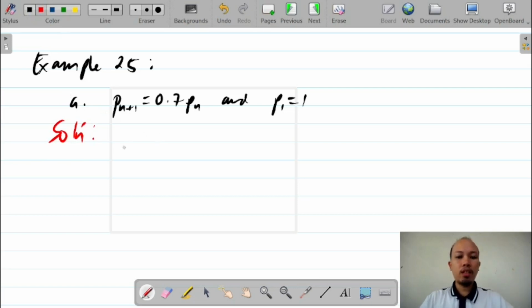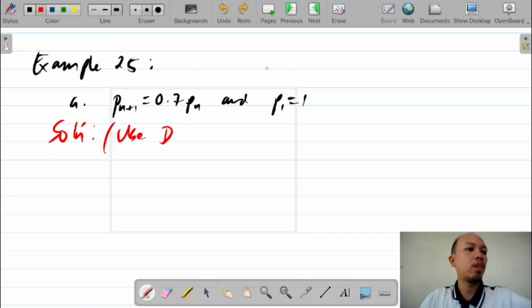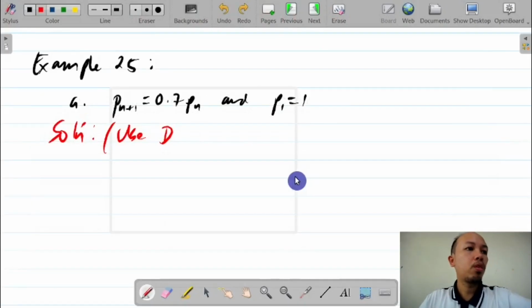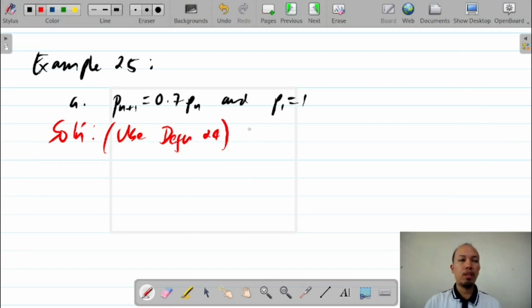So first, let's use definition 24, before we move to the other definition, the other variation.